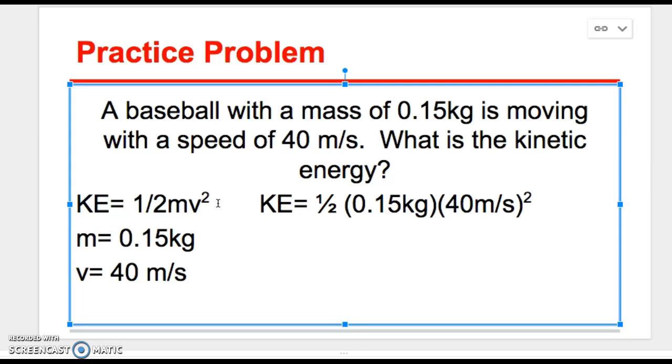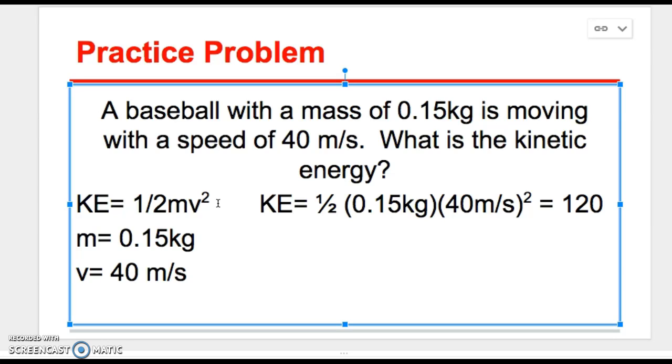squared. So now you're going to take out your handy dandy calculator, which I need to go grab. And you're going to plug in your numbers, okay? I got 120.